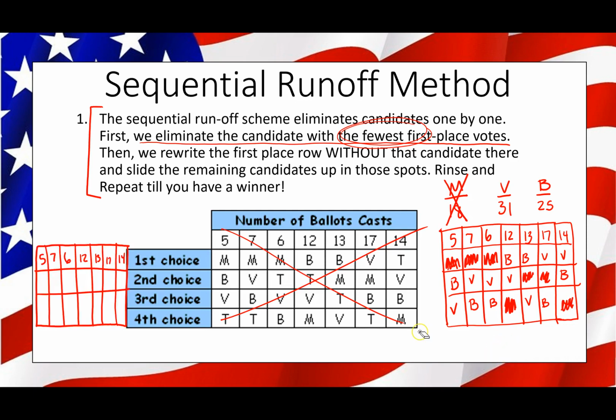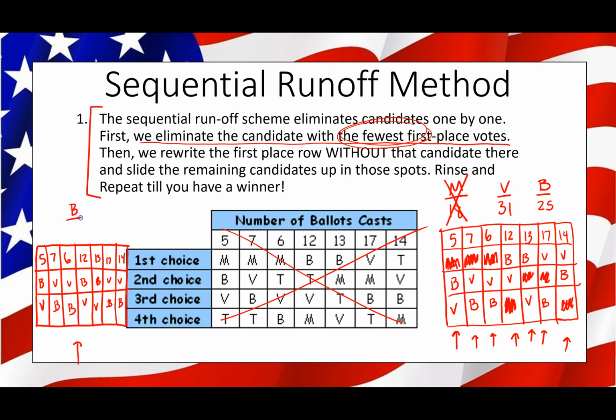All right, so I've created this new table with just two options here. So this first column is going to be a BV. This one's going to be a VB, VB, BV, BV, VB, and VB.